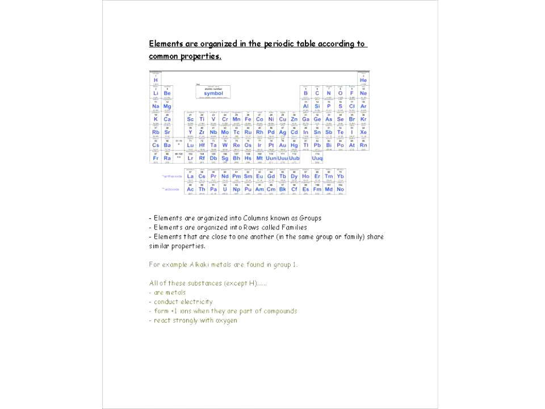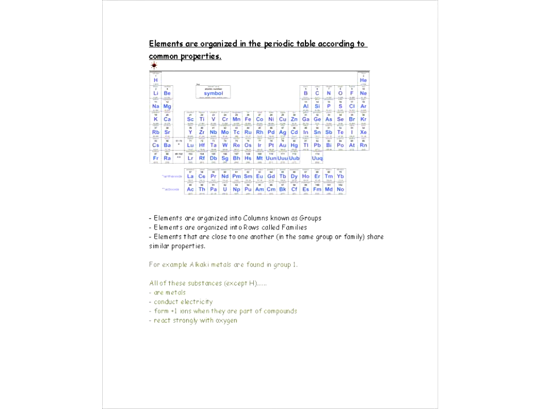So elements are organized in the periodic table according to their common properties, right? And so all the elements that are in the same column are known as a group. All the elements in the same row are known as a family. Okay? Now, they have common properties if they're in the same group or in the same family. Overall, if they're in the same group, their properties are more similar to each other. And the closer they are, like beside each other, the more similar their properties are going to be. Okay?